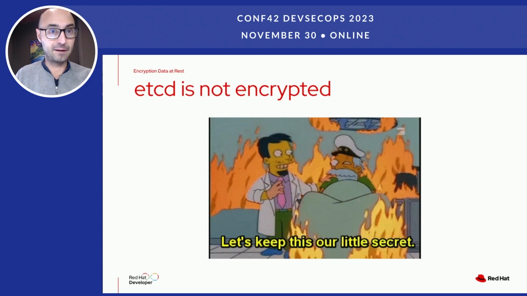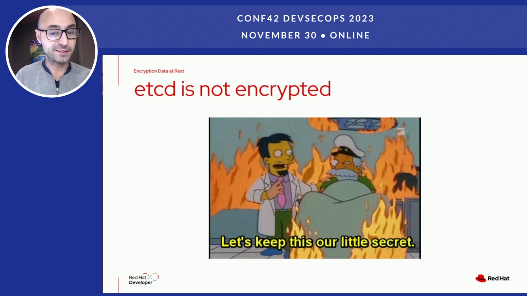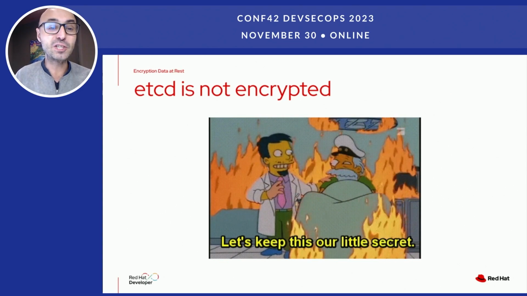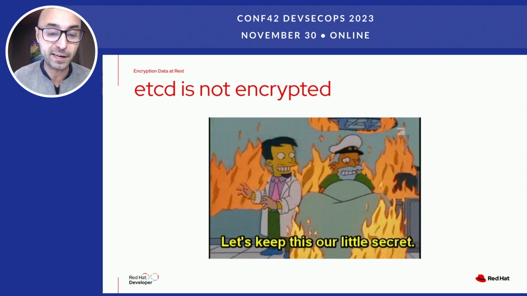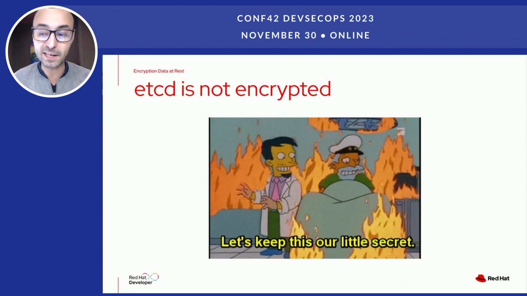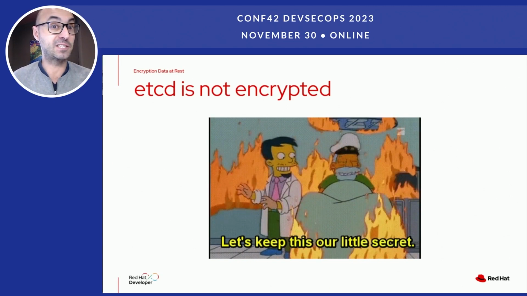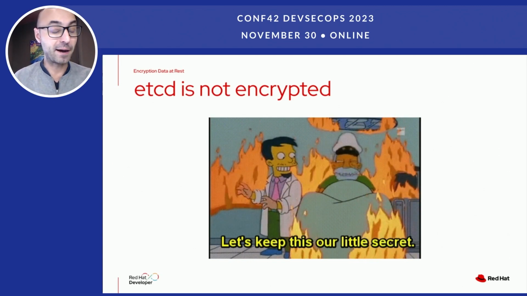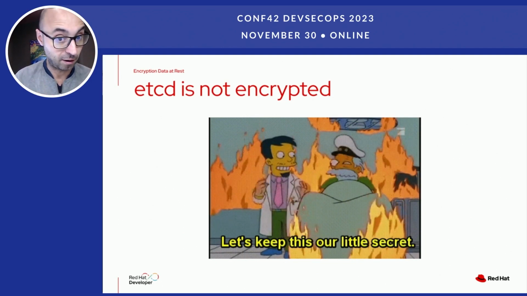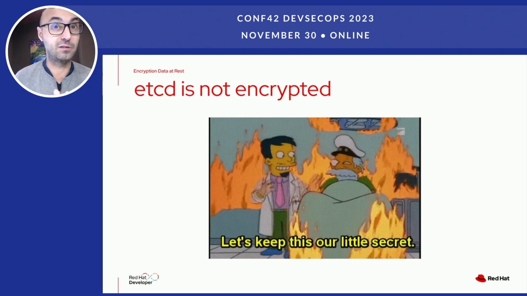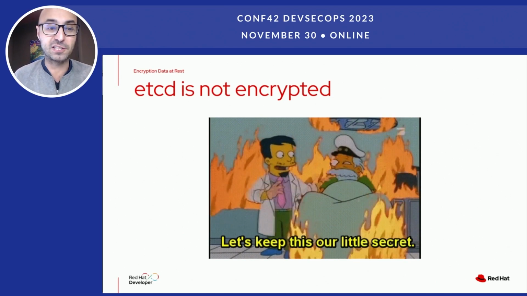Sorry. Let me tell you the first secret: etcd is not encrypted. What does it mean? It means that etcd is the database where you are storing the secrets in Kubernetes. So when we do a kubectl apply of a secret or a seal secret, or the controller creates a secret into the cluster, the Kubernetes cluster stores this secret into etcd.